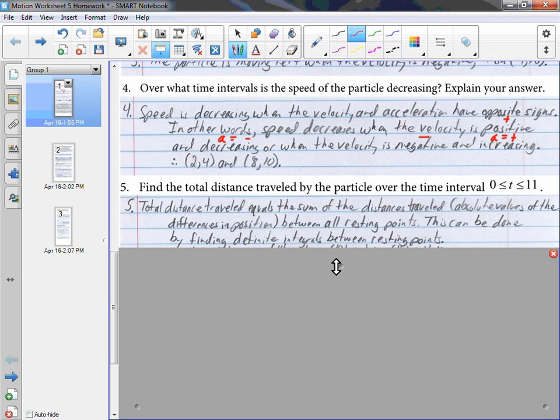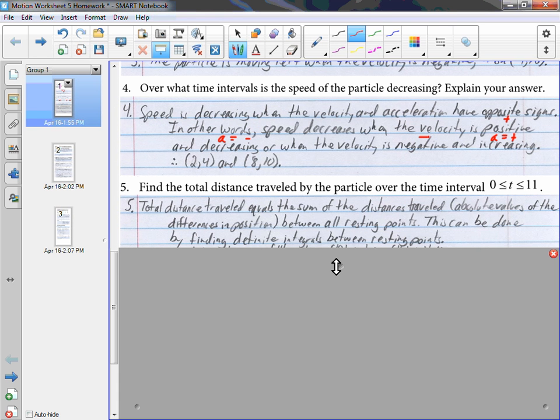And also put in parentheses the absolute values of the differences in position. Because the difference in position could be negative, right? If you're at position 10, and then the next time you come to rest, you're at position 5, well, then you were going backwards, and you'll get a negative. So the absolute value of that.